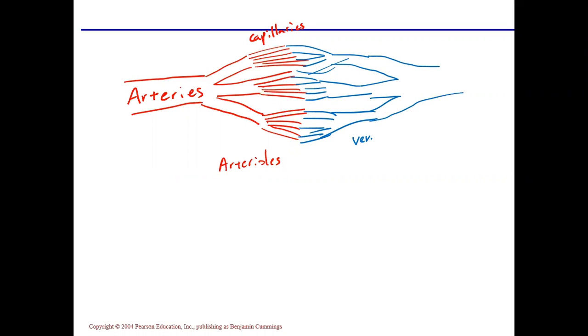So, venules, and finally you have the veins. All right, so usually the circulation is like that too. Now, on one end the capillaries are facing arterioles, so this is the arterial end of the capillary, and on the other end you have the venules. This is the venous end of the capillaries.